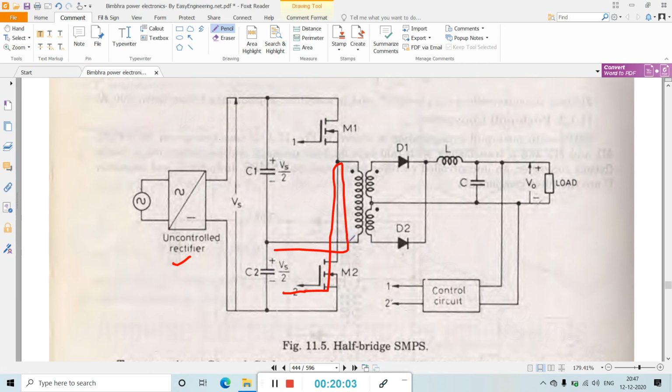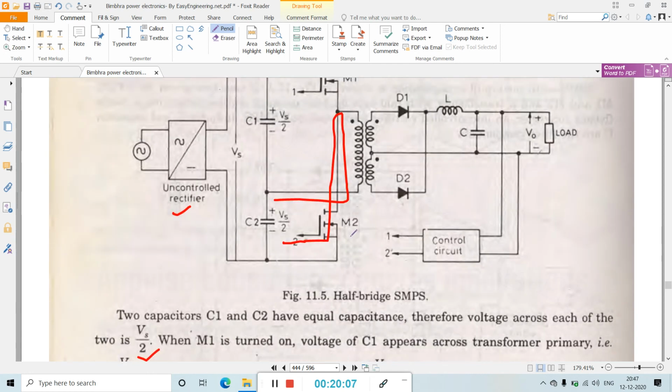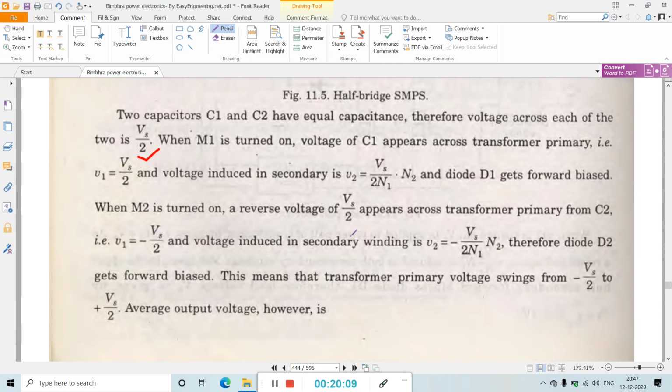The plus appears here and the minus appears here, that's why it is a negative voltage. So V1 is equal to minus Vs/2, and the voltage induced in the secondary winding is V2 = minus Vs/2 × N2/N1.